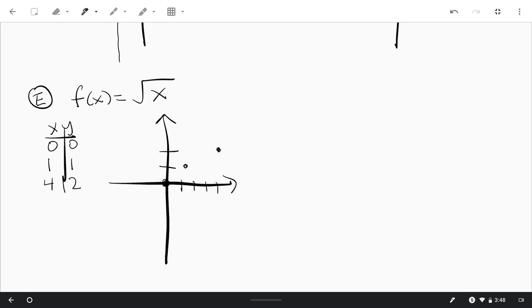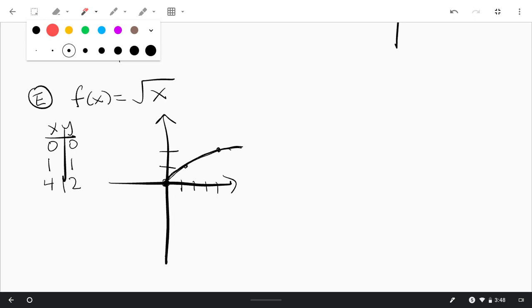So what actually happens here is you can't really tell from these 3 points, but what you actually have here is like the top half of a sideways parabola. So if you can imagine a parabola, but because we only take half of it, the positive half because it's square root, it's like a sideways parabola, but only the top half.